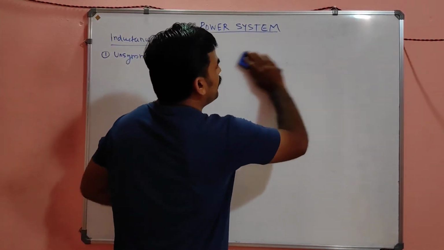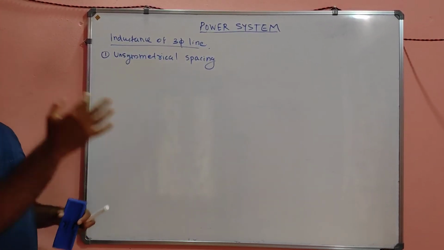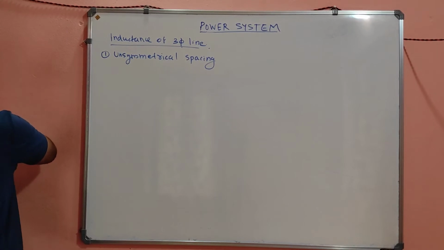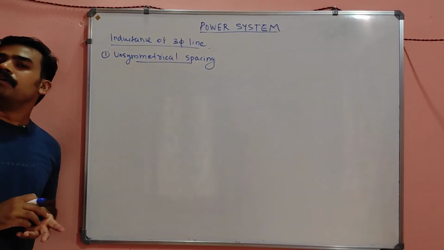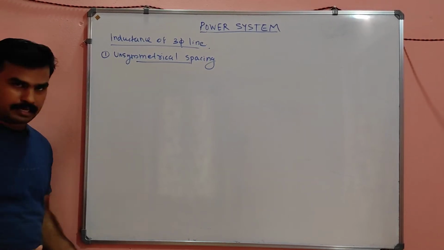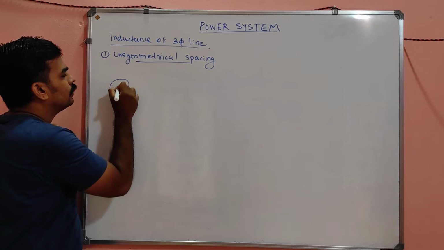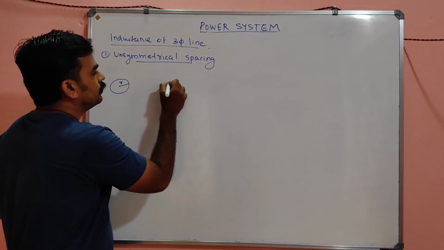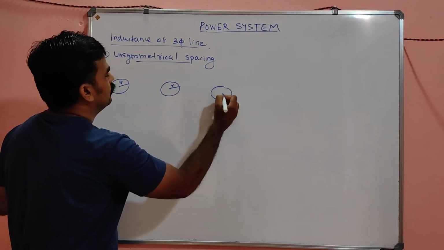So unsymmetrical spacing means the distance between the three phases of a transmission line will not be the same. For example, this is one conductor, this is another conductor, this is another conductor.